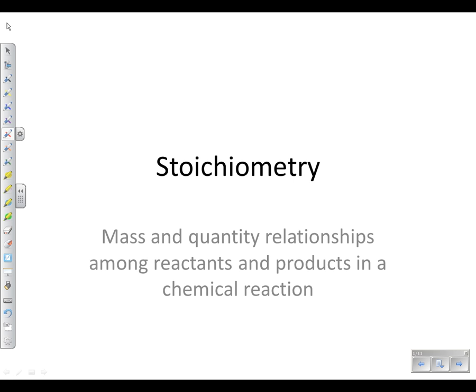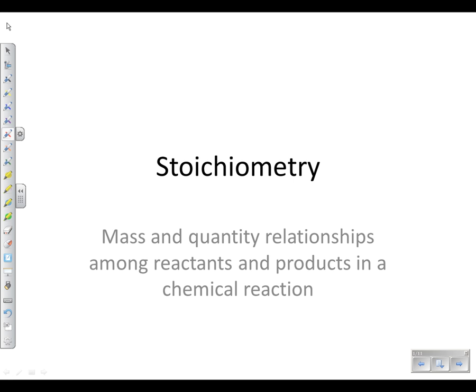So, first thing on your outline, right? Your definition of stoichiometry. Mass and quantity relationships among reactants and products in a chemical reaction. Stoichiometry is a quantitative process. It tells you quantities. It tells you numbers. Whereas equations are qualitative.